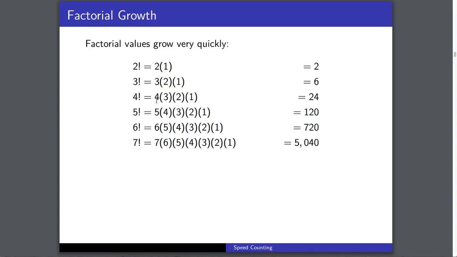So 4 factorial is 4 times 3 factorial. And then 7 factorial is 7 times 6 factorial. These same 6 numbers are in 7 factorial as well, and that gives us 5,040. So these values here on the right, they get pretty large fairly quickly. The next one, 8 factorial, is 8 times 5,040, which is over 40,000. So it gets pretty large pretty quick.